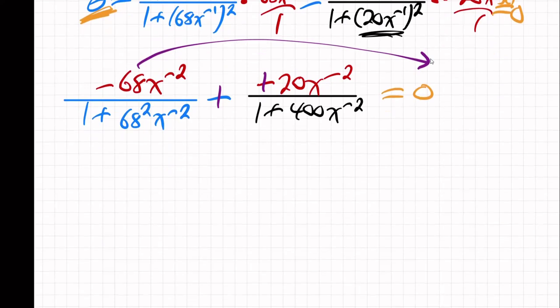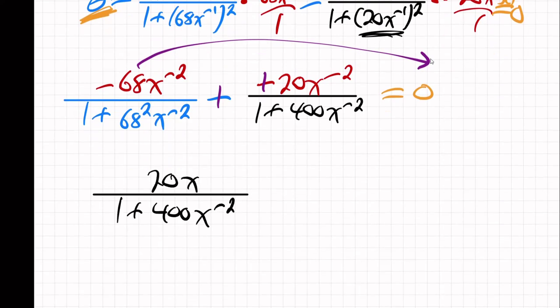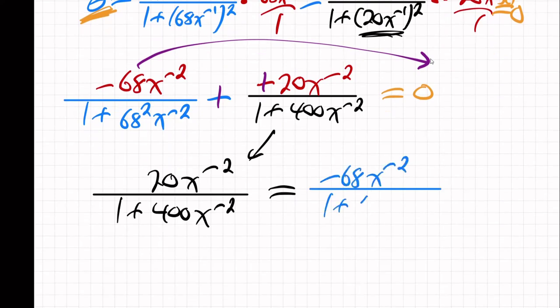So then I've got 1 plus 20x to the minus 2 equals, I just brought this guy right there, and the other guy jumped to the other side. And we've got minus 68x to the minus 2 over 1 plus 68 squared x to the minus 2.